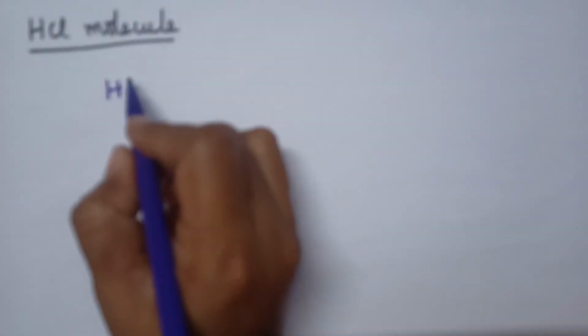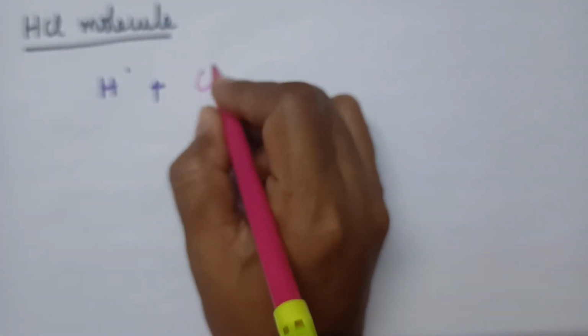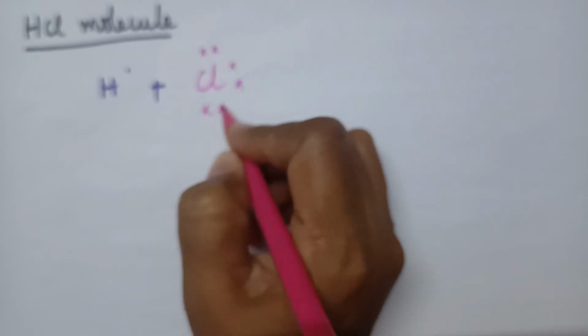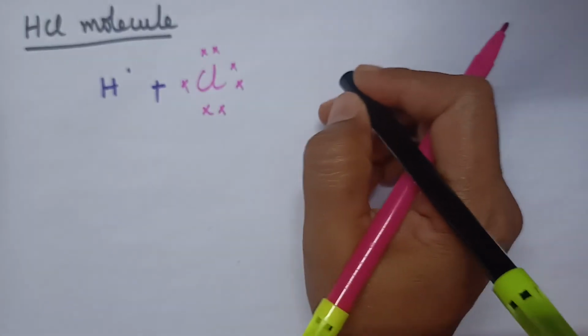So, let us see the formation of the HCl molecule. Hydrogen lacks one electron. It contains only one electron in the outermost orbit. But coming to the chlorine atom, it contains 7 electrons in the outermost orbit. So, during the formation of the HCl molecule, what happens, students?